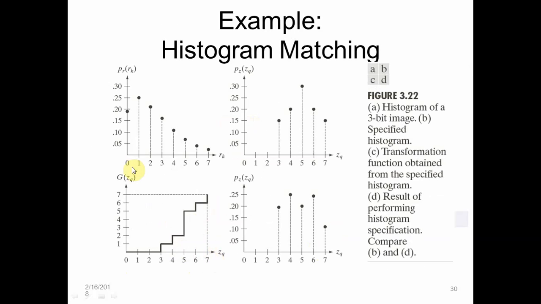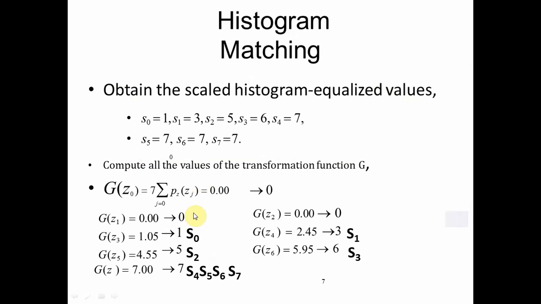And then you will distribute your histogram. How? In the new modified one, Z0, that is gray level 0, gives nothing in the specified one. Z1 gives nothing, and Z2, gray level 2, also gives nothing. So 3 gray level values have nothing.